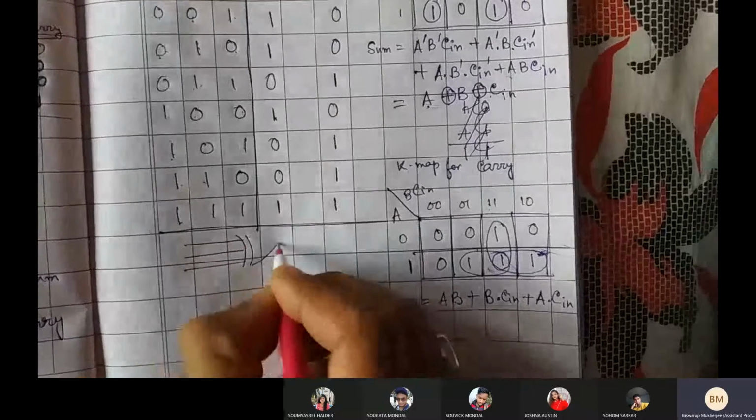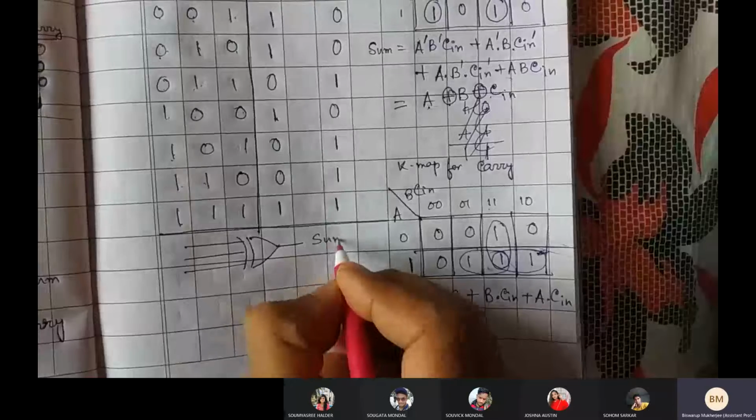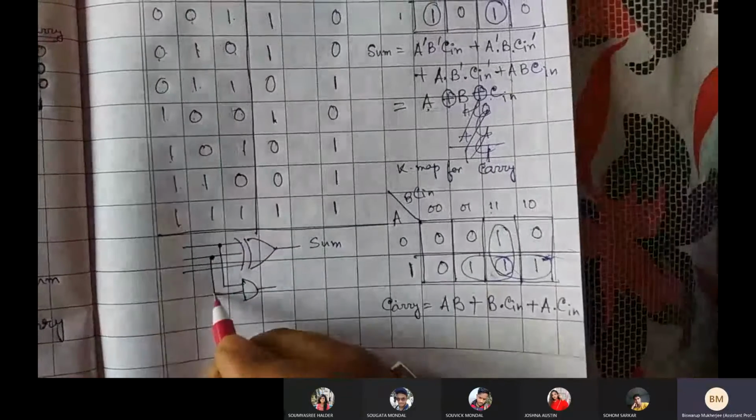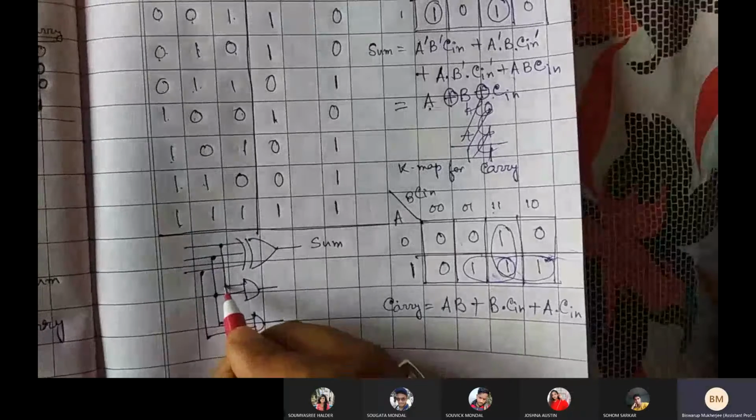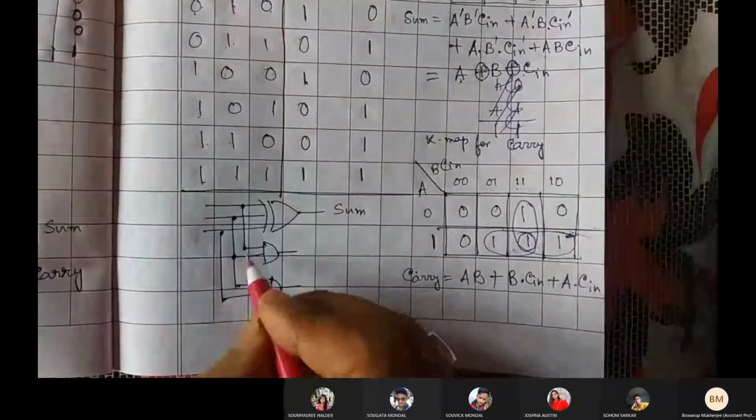So similarly, what you can draw, you can simply take a 3-input XOR to get the sum. Now you can take A, B, make it one AND. Similarly, B, C in, put another AND, followed by A, C in, followed by AND.